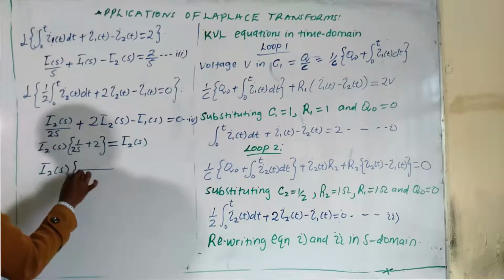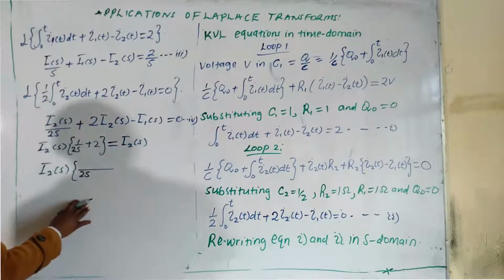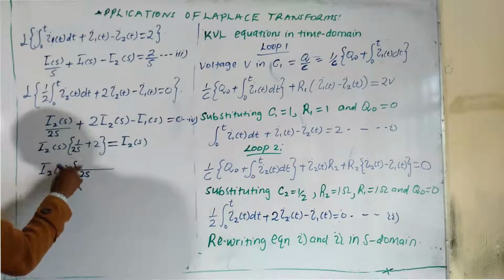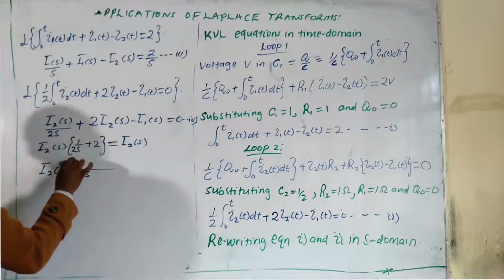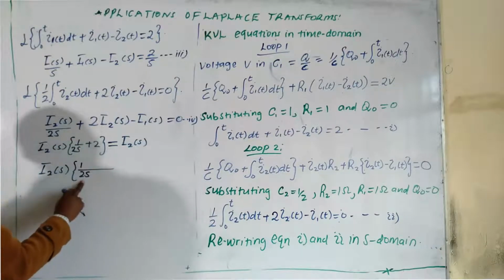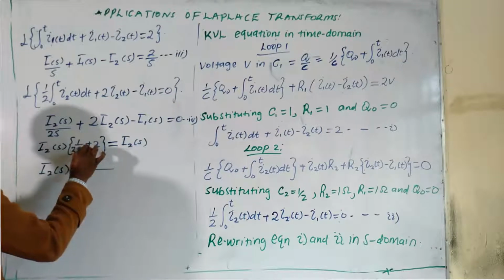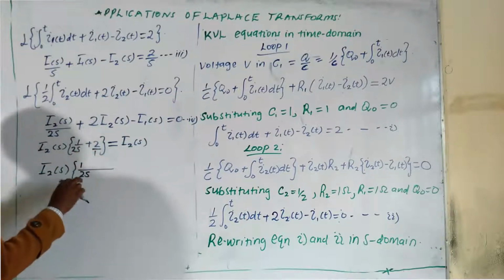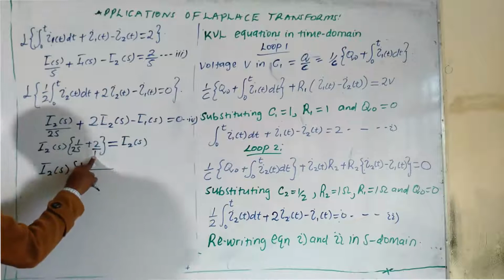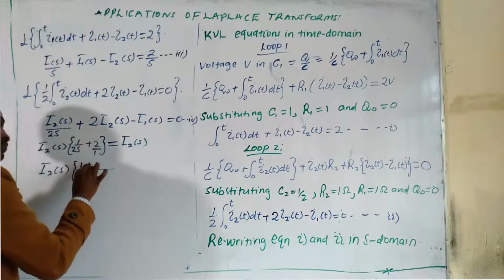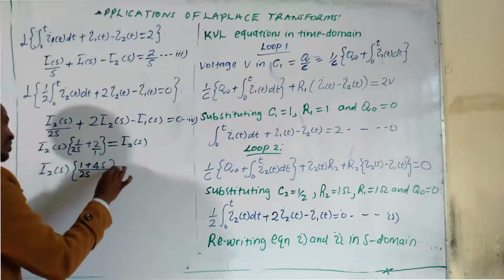So let the denominator be 2s. 2s divided by 2s, 1 times 1, 1. 2s divided by 1, 2s times 2, 4s.